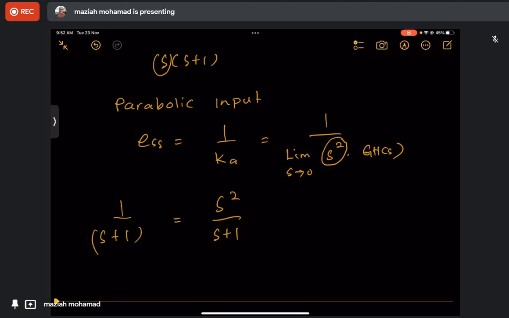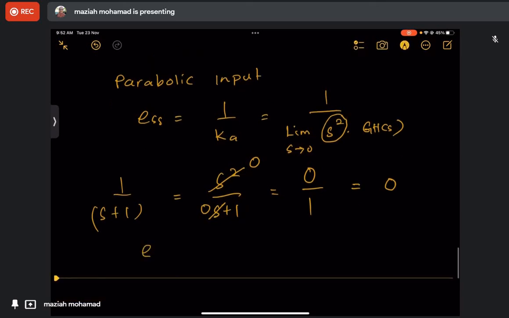When we apply the limit, this becomes 0. So it is always 0 over something, 0 over 1, 0 over a value. So that will always give you 0. Then later when you calculate the steady state error, it is 1 over 0, so that will always be infinity.